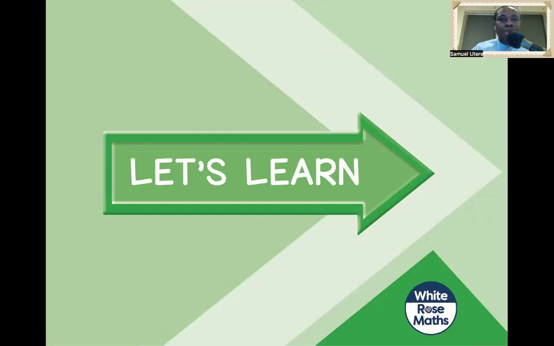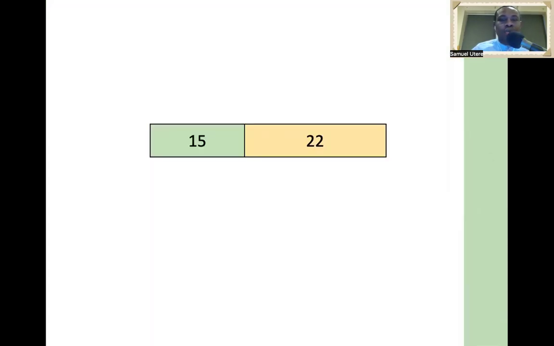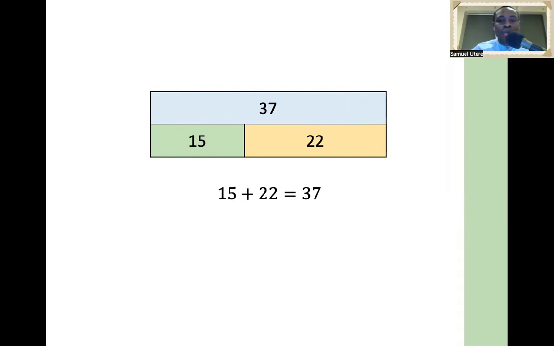All right, let's do some new learning for this lesson. For this calculation, what other calculations can you deduce from these known facts that you can see in the bar model? You can see here that we have 15 add 22, which is 37. We can also see that this calculation can be written as 22 add 15.